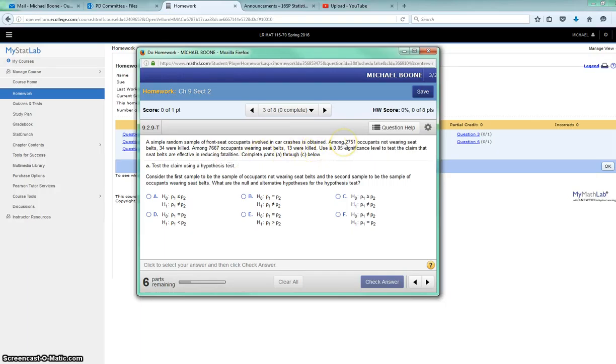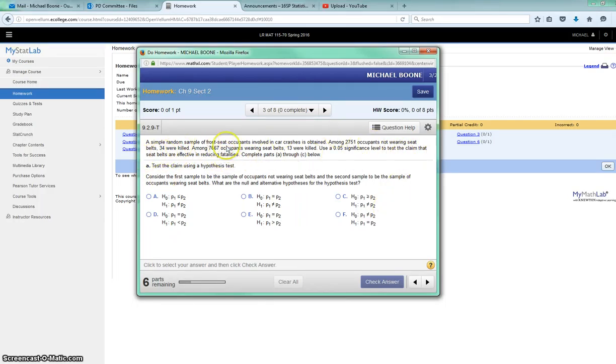So we have not wearing seatbelts and wearing seatbelts. We're looking at the percentages of people that were not wearing versus wearing to see if it's beneficial. Are the proportions the same? Are they different? Are seatbelts effective in reducing fatalities?